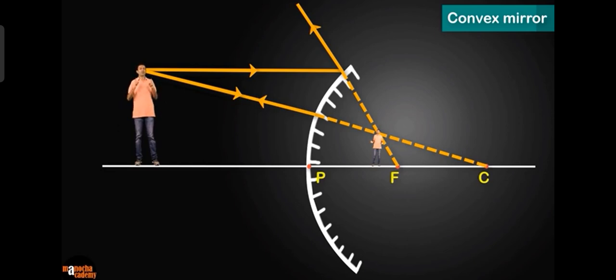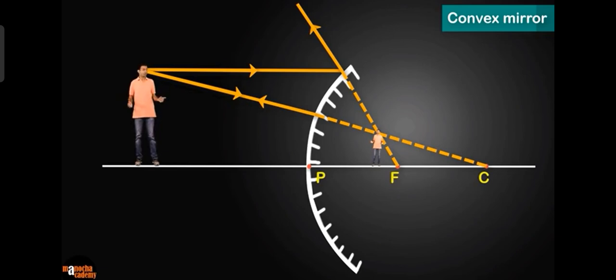That's right, on the principal axis. So we simply need to extend the image down to the principal axis and we get the bottom of the image. So you don't need to draw rays for that. And as you can see from this ray diagram, we have found the position of my image.